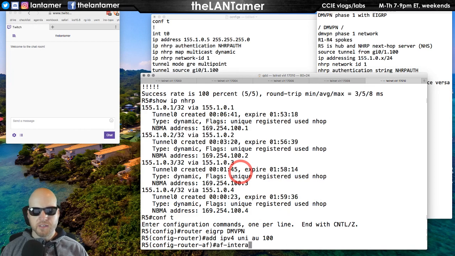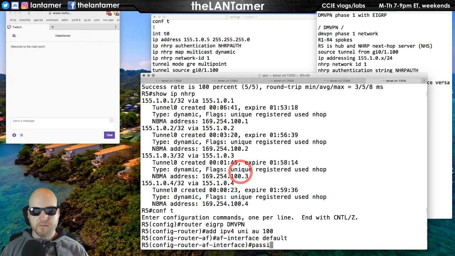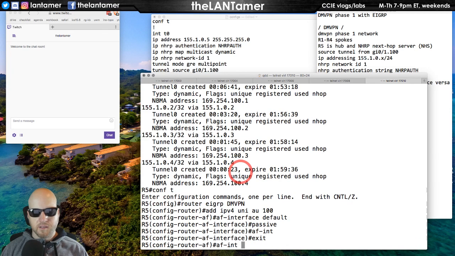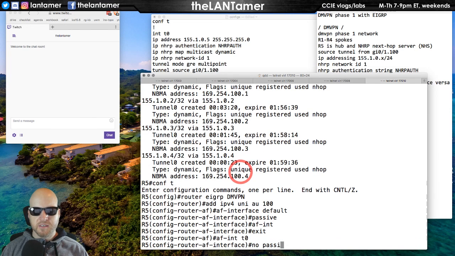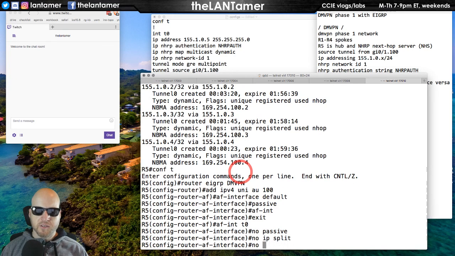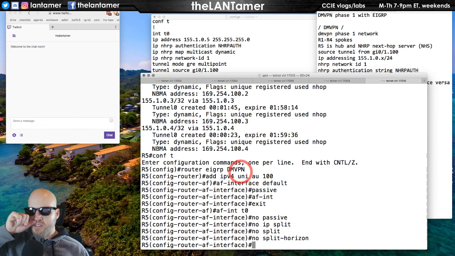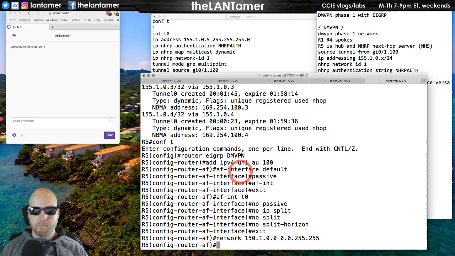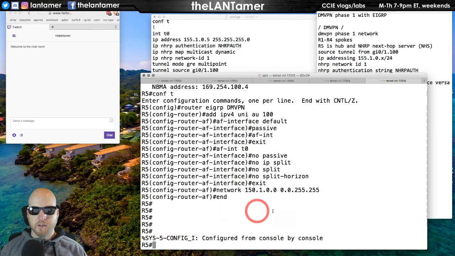AF interface default passive. AF interface T0, no passive, no IP split horizon. No, I think it's just no split. We know it's IPv4 because we're in address family IPv4 unicast mode, right? Then network 150.1.0.0. Okay, router EIGRP should be enabled.